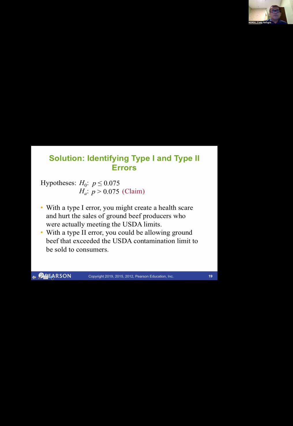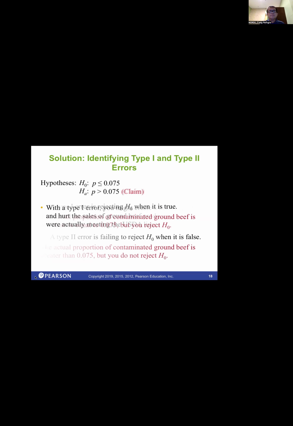So we have there, with a type 1 error, you might create a health scare and hurt the sales of ground beef producers who were actually meeting the USDA limit. Type 1 is rejecting a true null hypothesis.